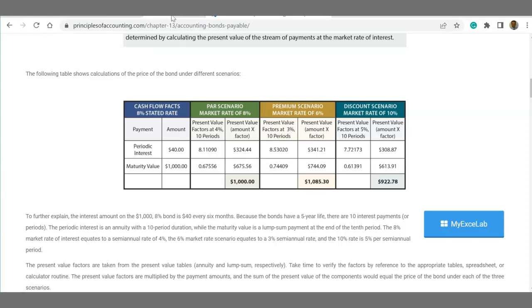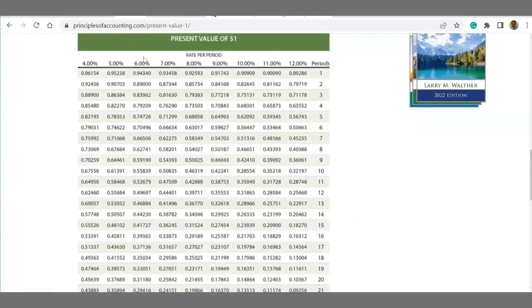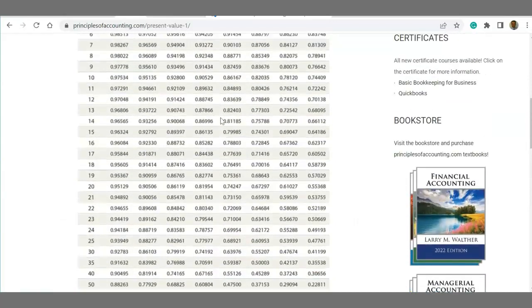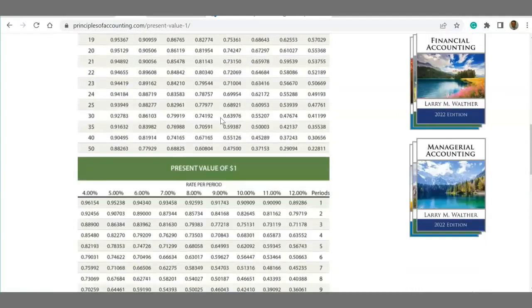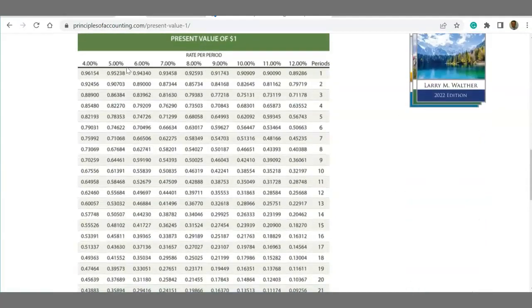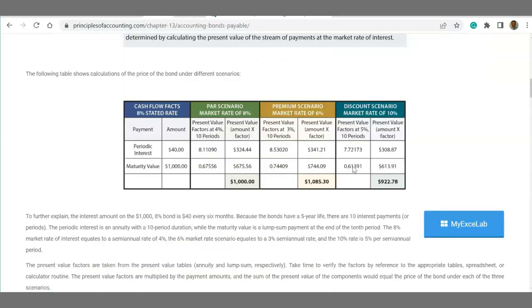So just to show you one more time here, here is the present value of $1 table. You go to the 5%, I believe, and 10 is 0.61391.